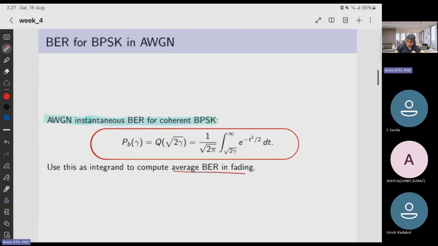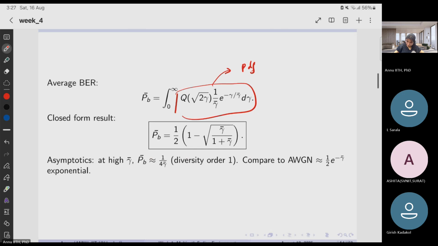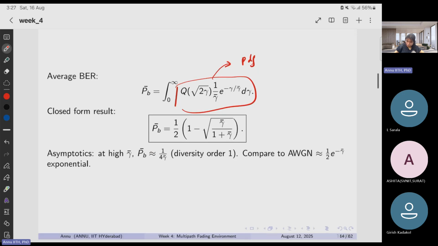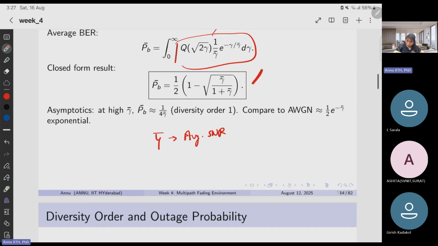Average BER: a closed form equation is this, where gamma bar is nothing but the average SNR. So what we can interpret is this. For example, if you have a high gamma bar, PB is equal to 1 upon 4 gamma bar, where the diversity is of order 1.